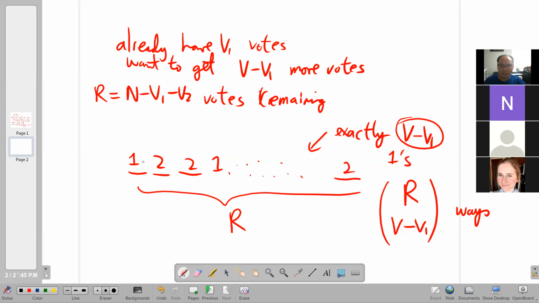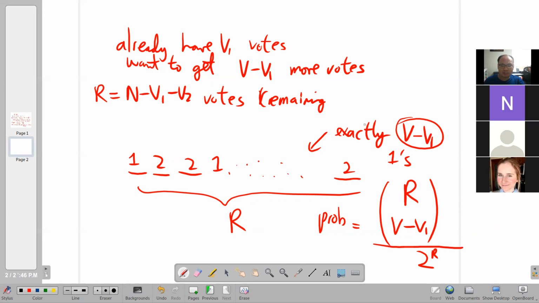If that makes sense, what's the probability that this happens? Well, if there are this many ways that has exactly this many ones, and how many possible vote distributions can there be? 2 to the R. So the probability of getting exactly this many votes for candidate 1 is this binomial coefficient divided by 2 to the R. Does that make sense? Yep.